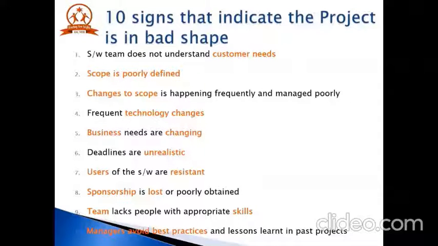If the software team does not understand customer needs and requirements, if the project scope is poorly defined, if changes to scope are happening frequently and managed poorly by the team, if frequent technology changes are happening, if customer needs are changing so that requirements cannot be fixed by the team, if set deadlines are unrealistic, if users of the software are resistant to the software developed, if sponsorship is lost or poorly obtained, if the team lacks people with appropriate skills to develop the software, and finally, if managers avoid best practices and lessons learned in past projects, that means the process is not up to the mark in the current development effort, we can surely say that the project is in bad shape.